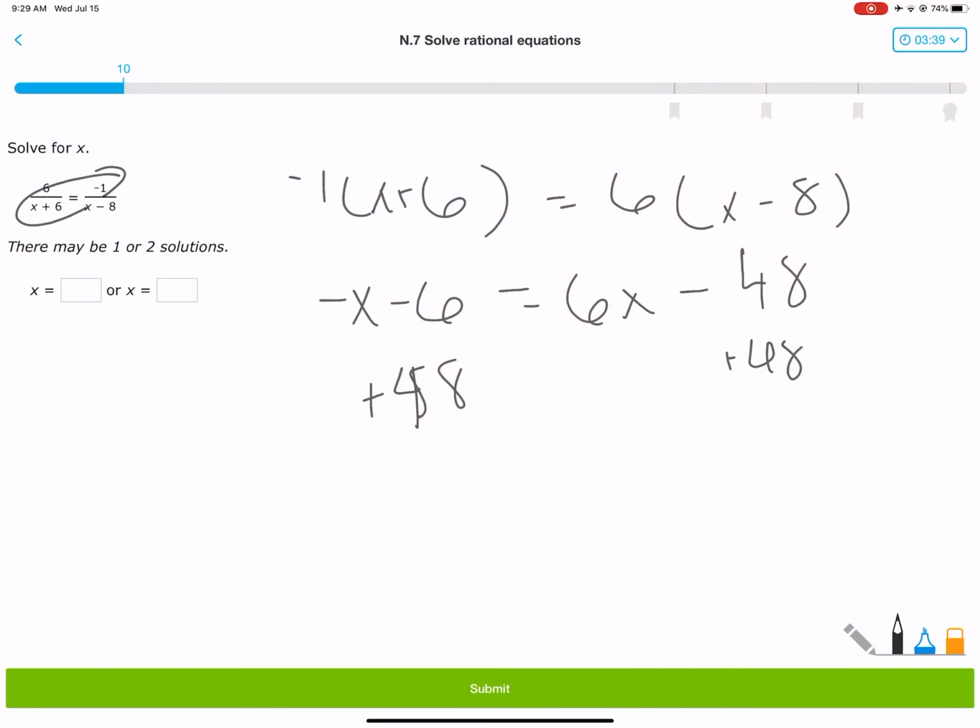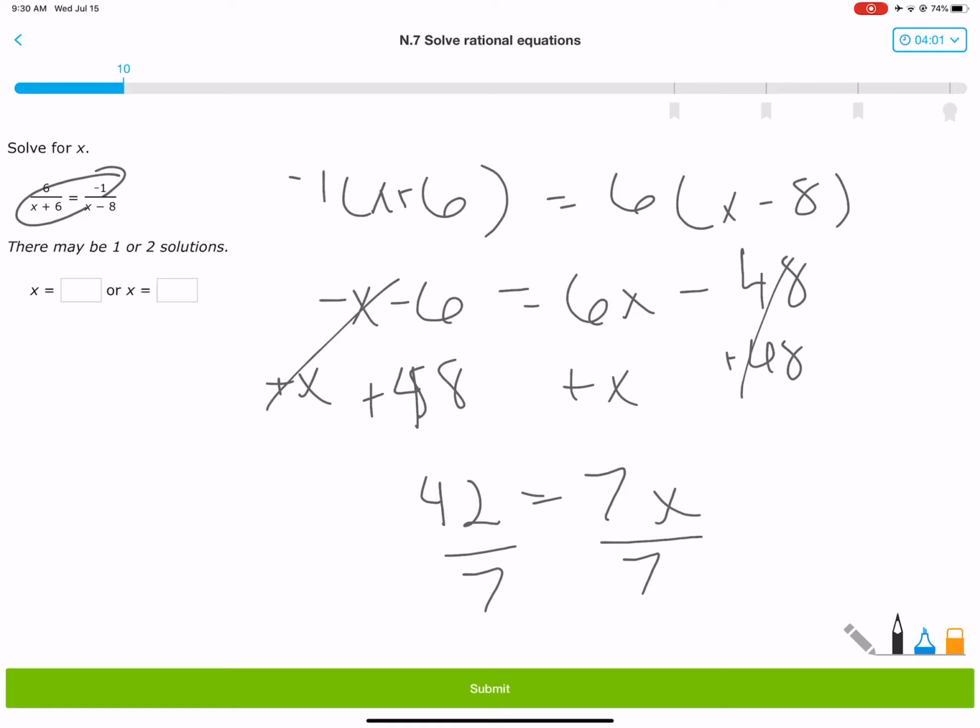Is 42. Then we're going to add x on both sides. And these are going to cancel. And we got 7x equals 42. 42 divided by 7 is x equals 6.